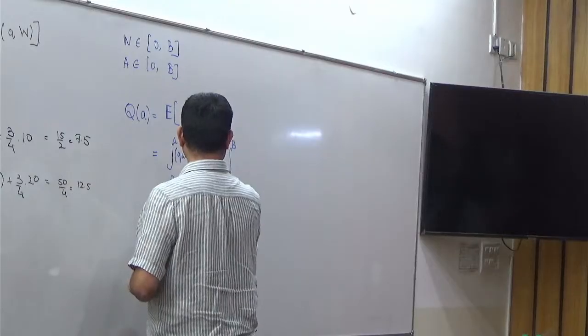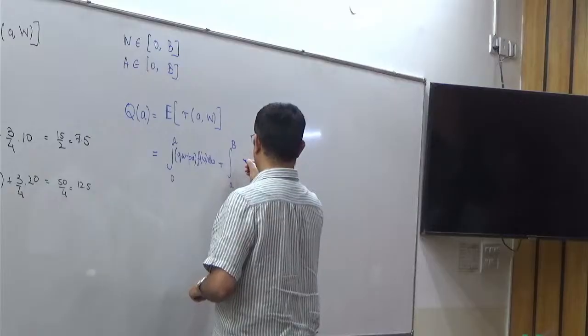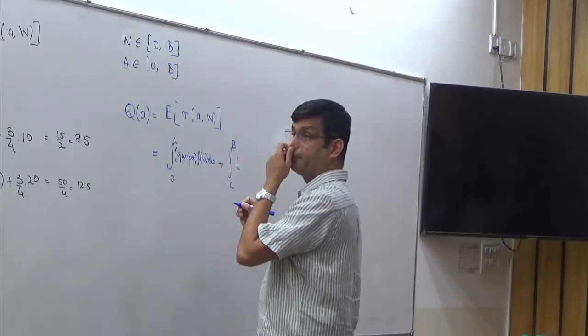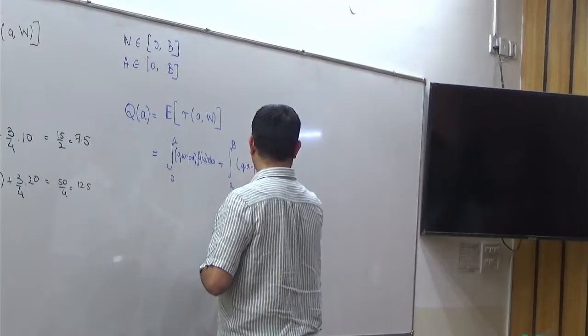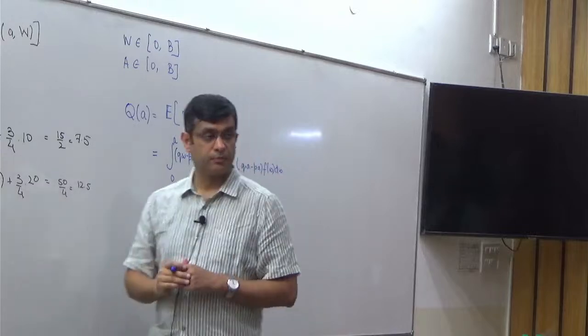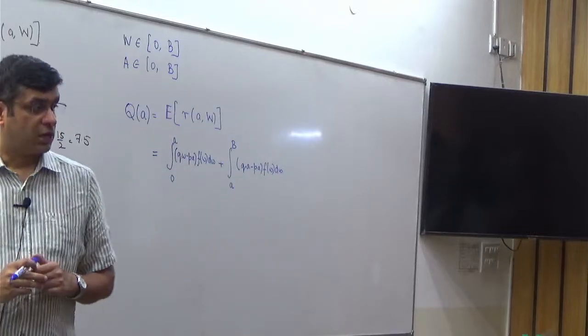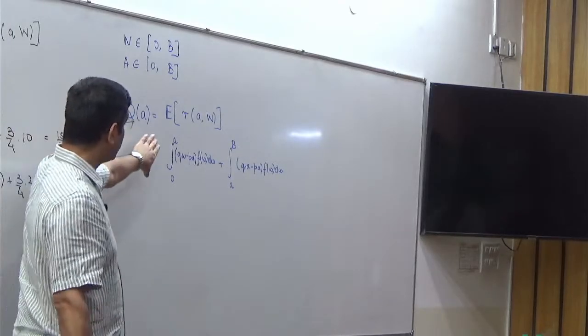Let's say this had some density f_W, dW, plus the integral of QA minus PA, f_W, dW.